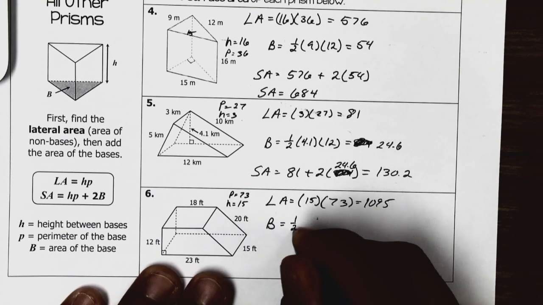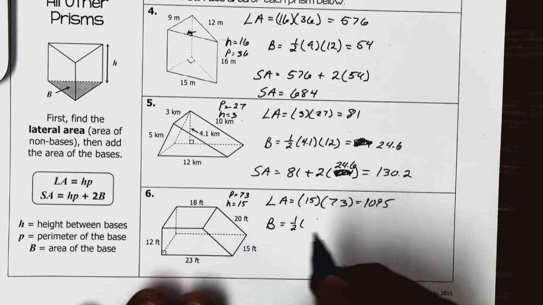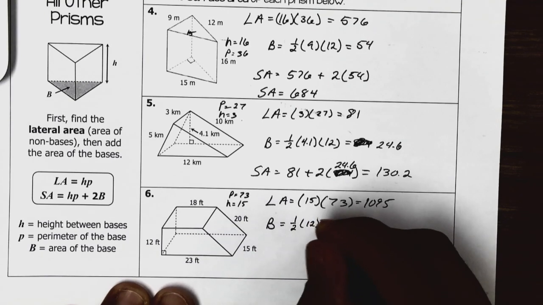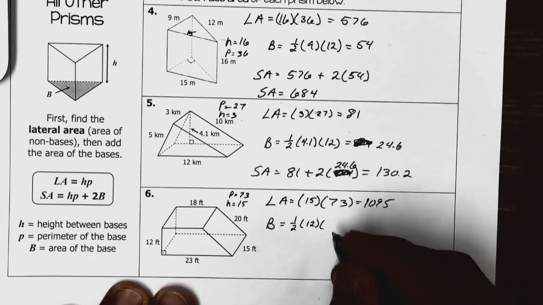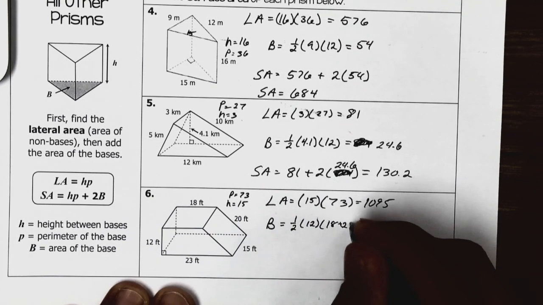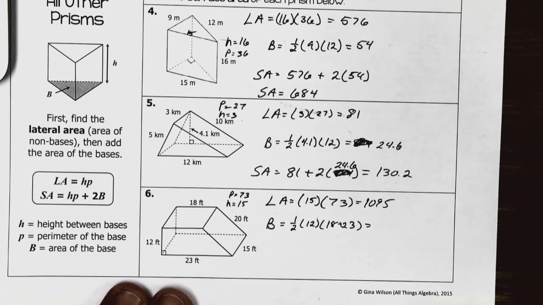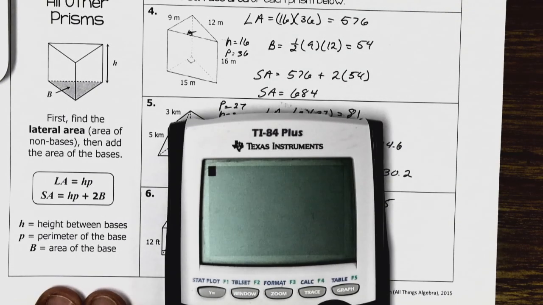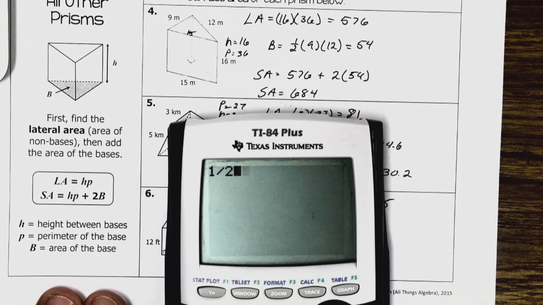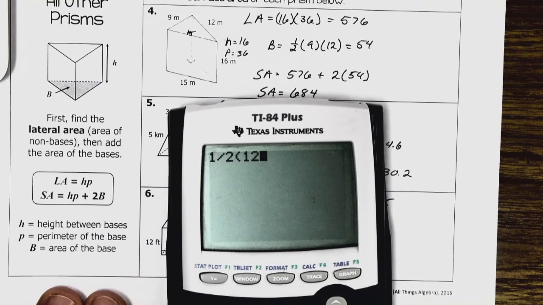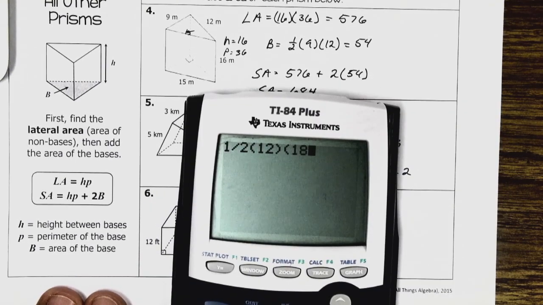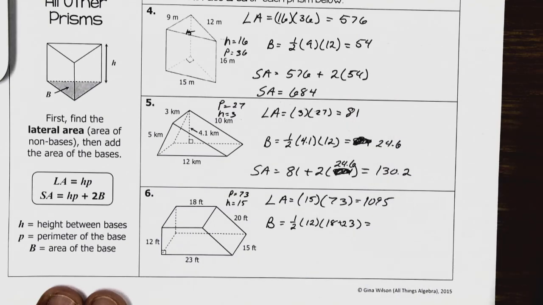So it's 1/2 times the height of the trapezoid, which is 12, times the two bases being added together, so 18 plus 23. So that gives me the area of the trapezoid itself. There it is, 246.